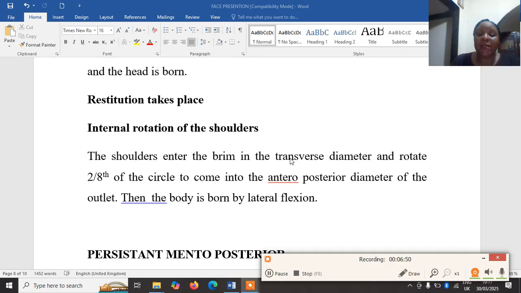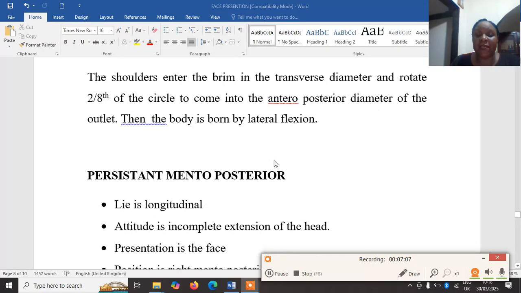Or we can have what we call a persistent mentoposterior. That is, if the mentum lies posteriorly, instead of rotating 3/8 anteriorly, it will rotate 1/8 posteriorly. And this rotation of 1/8 posteriorly, it will bring the mentum to get caught up in the sacral curve.